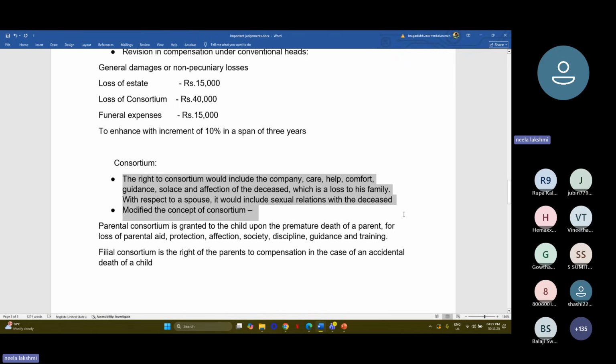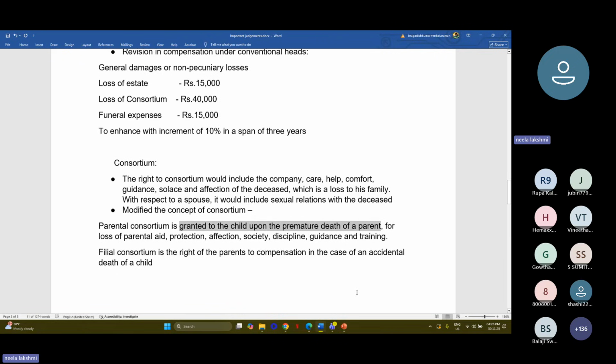With respect to a spouse, it would include sexual relations with the deceased. Modified concept of consortium: parental consortium is also awarded nowadays. Earlier, only spousal consortium was awarded, as confirmed by Pranay Sethi. But now, a modified form of consortium is also awarded. Parental consortium is granted to the child upon the premature death of a parent.